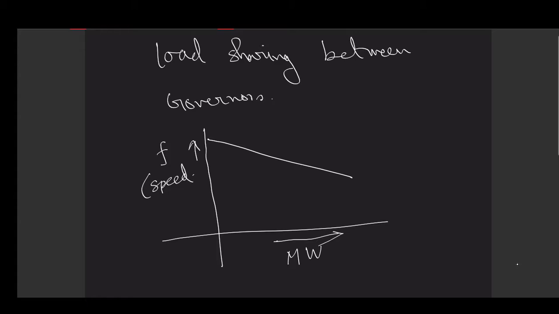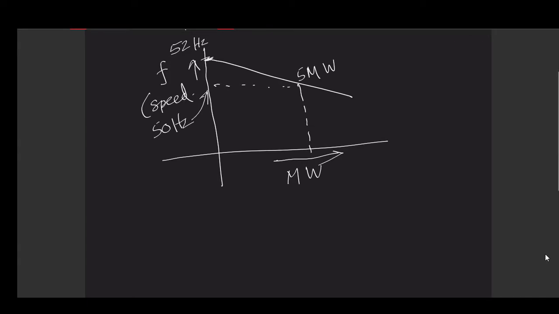So if you have one class of alternator that at no load is running at 52 hertz, and when you extract 5 megawatt the frequency falls down to 50 hertz. And say you have another class of alternator that starts at 53 hertz.